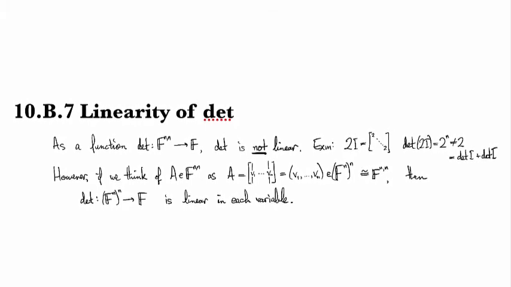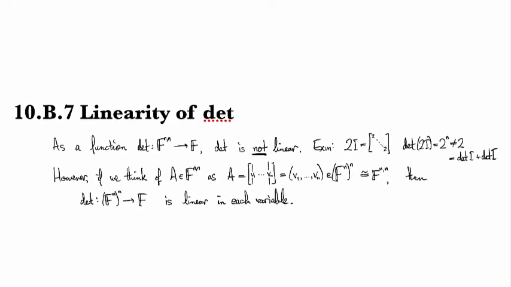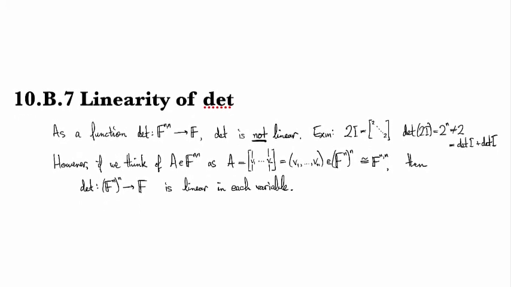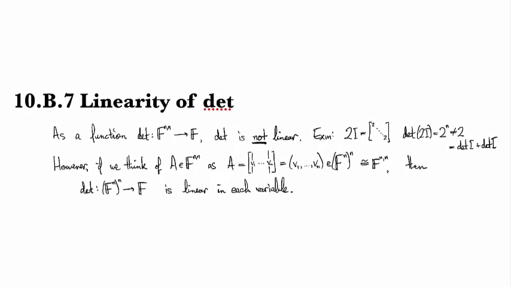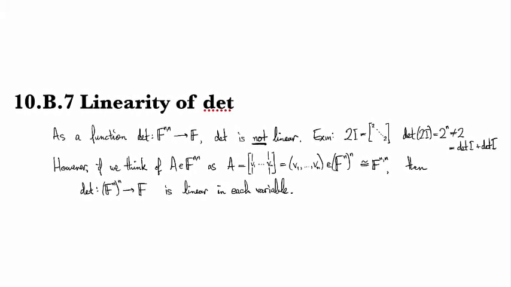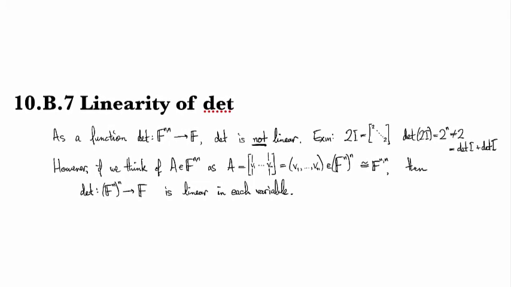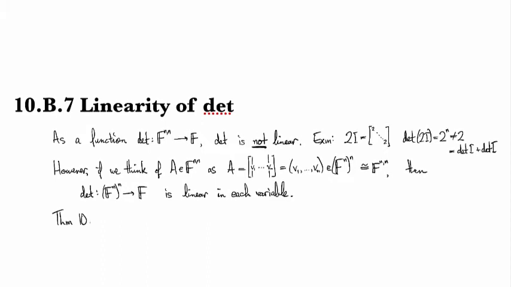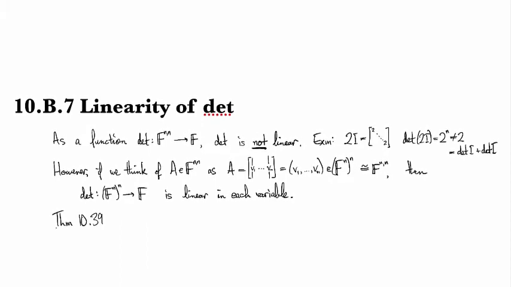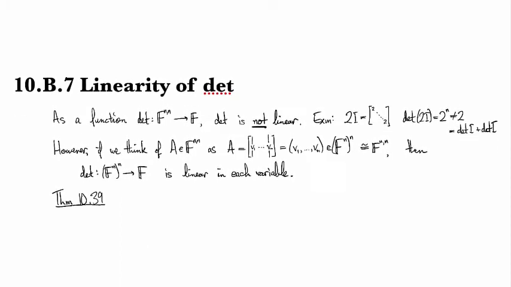So you can think of det as a multilinear function. Multilinear just means linear in all of its arguments. This is a direct consequence of the definition. Writing down the proof is a little bit awful, so I'm not going to do that. I'm just going to give you an example.